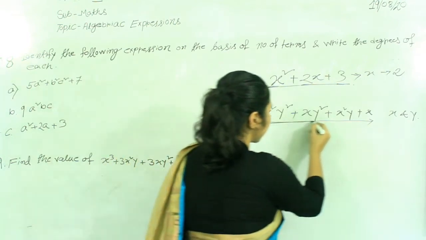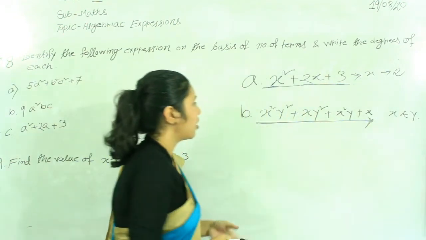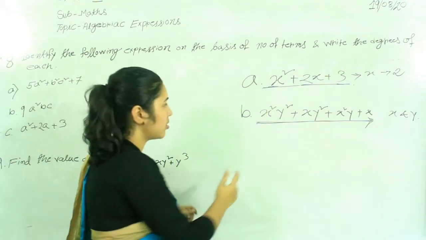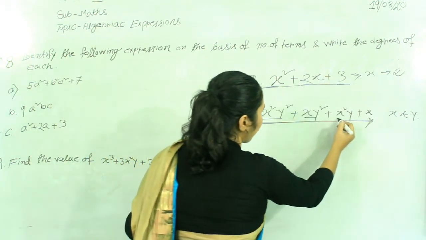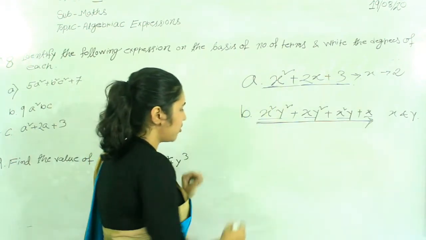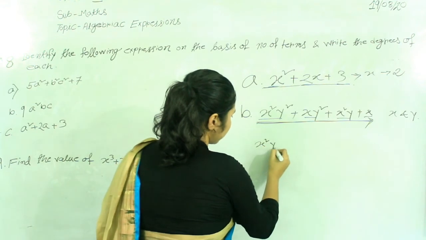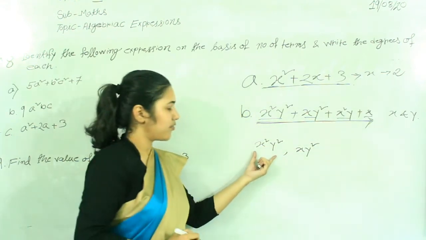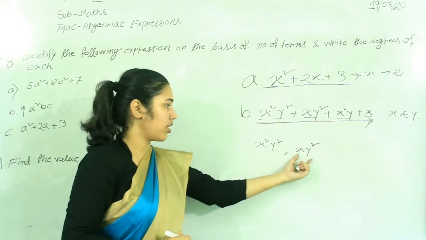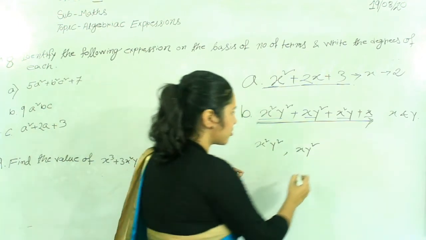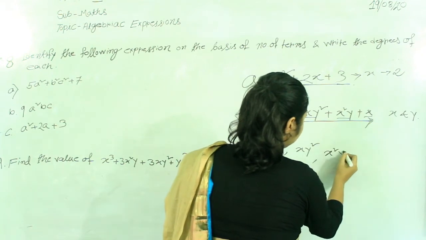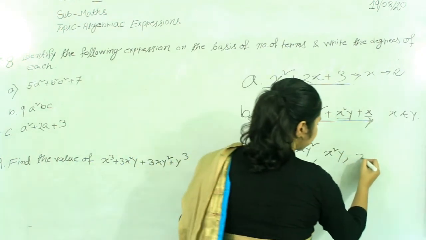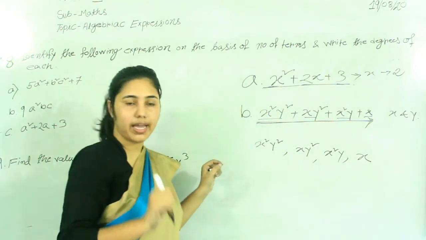But in this case, consider the power of each of the terms. First term x square y square, second term x y square, next x square y, and the fourth term is x.